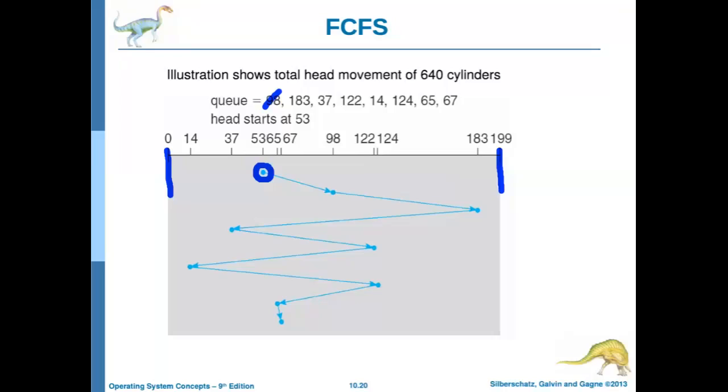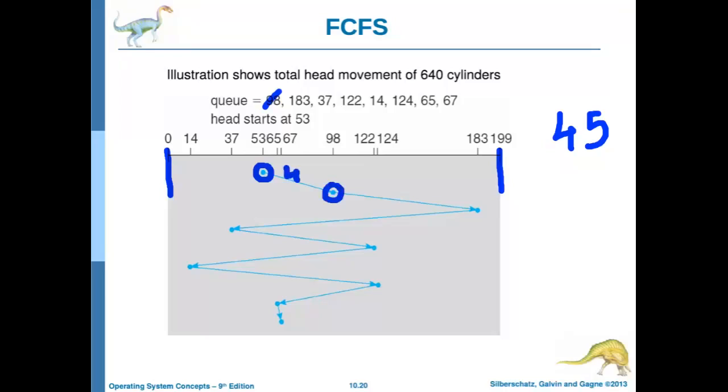So let me write it here: 45. Moving from 53 up to 98 gives me a movement of 45 cylinders.